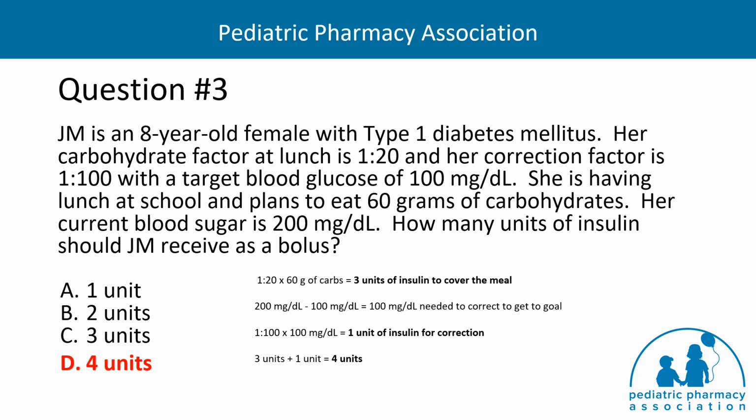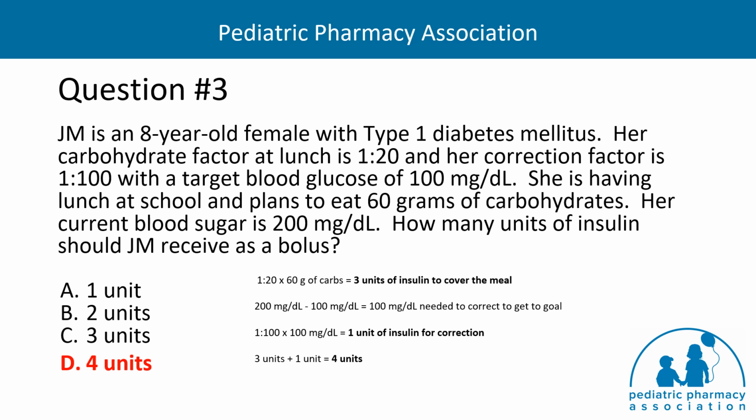Additionally, we need to consider the correction factor. So if the patient has an elevated blood sugar already, we need to administer some insulin to account for the fact that she's already well above her target, and to account for both the amount that she's eating as well as that elevated blood glucose. So in here, our current blood sugar is 200, which is 100 milligrams per deciliter above our target of 100.